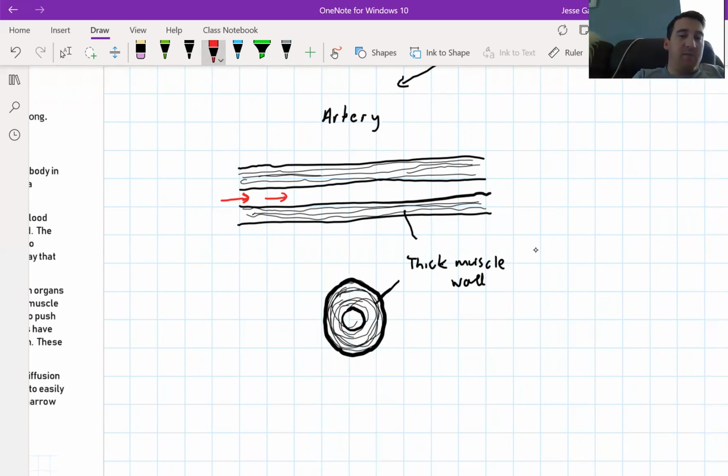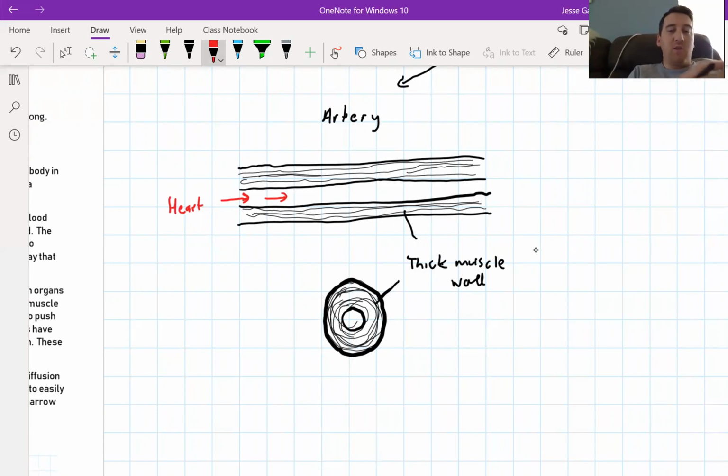So the heart is basically pumping the blood, and that means that the blood flows into the arteries under high pressure. So it's just been pumped, it's got lots of pressure, and it's pushing against the walls of the artery. So if the walls were very thin in an artery, that would probably mean they would not be able to withstand the pressure and they might burst. So the thick layer of muscle and elastic fibers allow them to withstand that high pressure. And it also allows them to stretch a little bit every time the heart pumps blood into them.